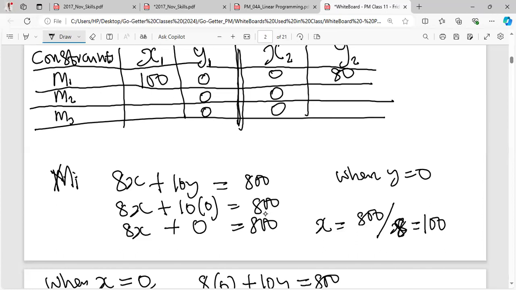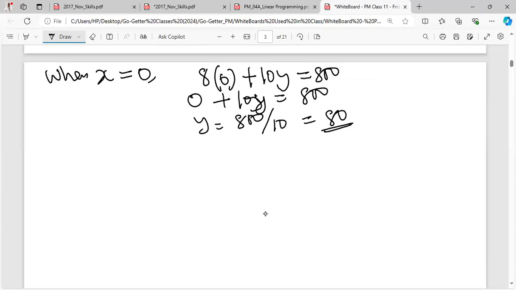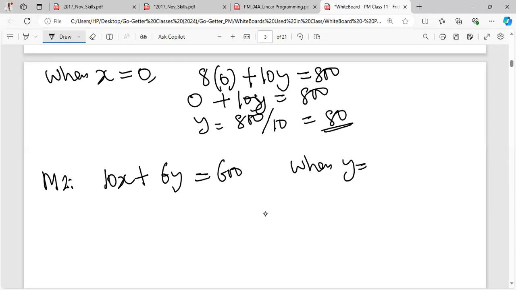Let's do the next one now. M2. Now you are looking for M2. M2 happens to be 10x plus 6y equal to 600. All right? So you say when y equals 0, you have 10x plus 6 times 0, which is 600.